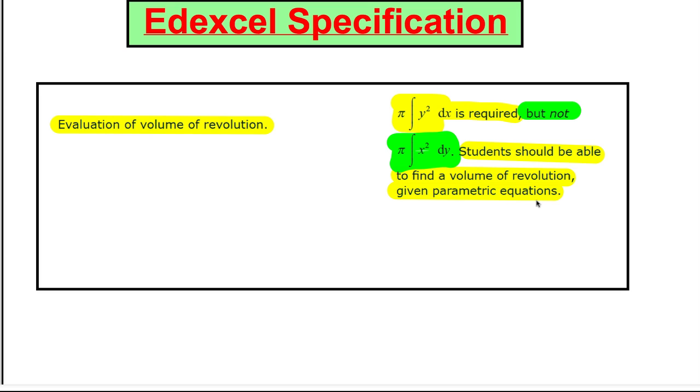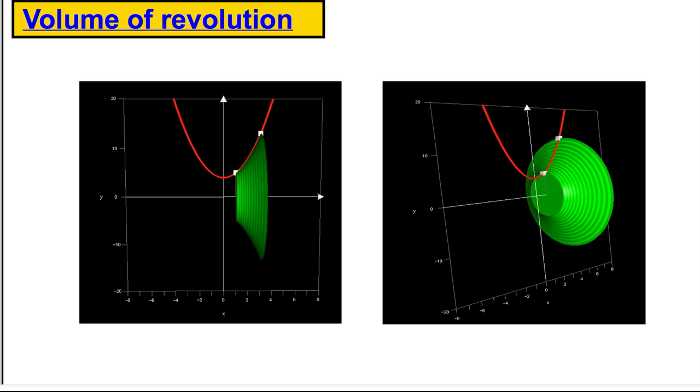To start with, as always, let's talk about the big picture, what we're trying to do and why the formulas work. The volume of revolution, what is this? Well, I've drawn two pictures on Autograph to show you. Imagine you worked out this area under a curve, let's say here. That area.